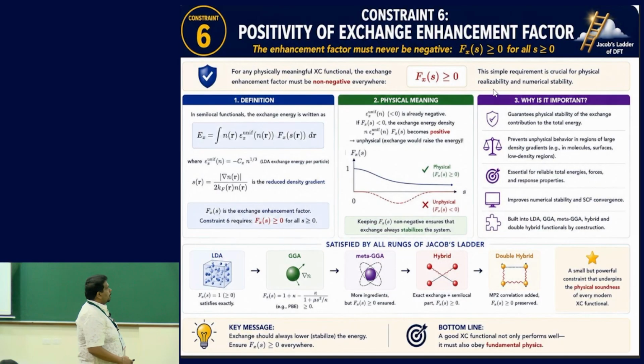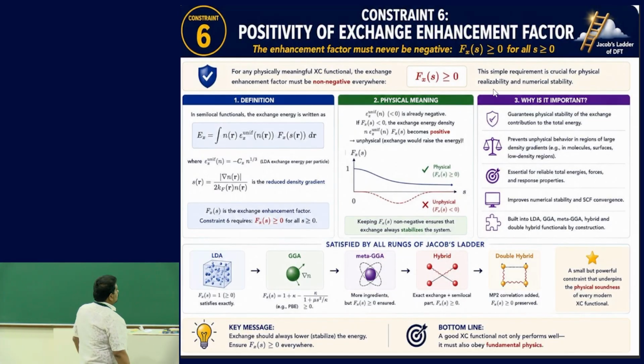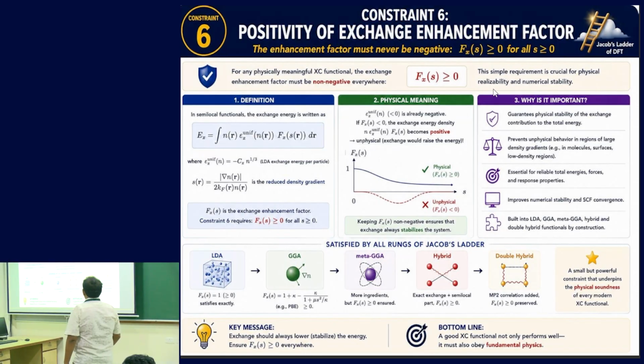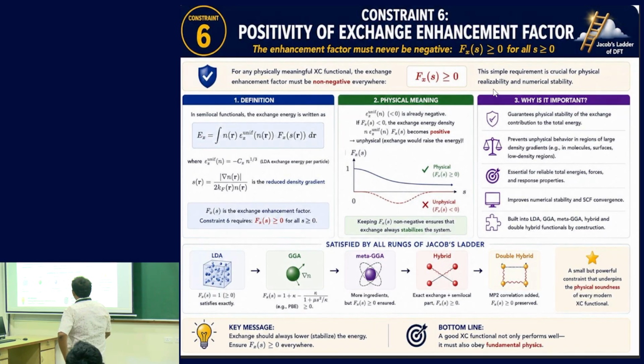Now comes the positivity of the enhancement factor. Now what you look at here, yesterday I was telling, this should be positive and these are the functionals. Now this is from 1, it is decaying, but this is physically okay.